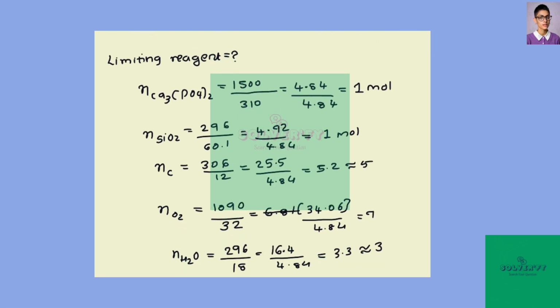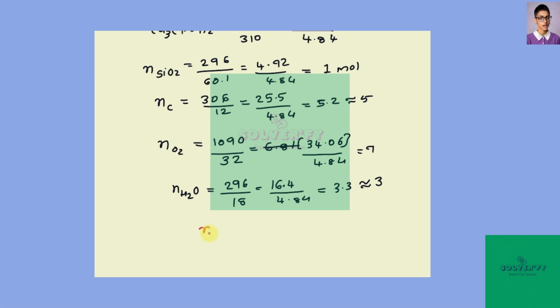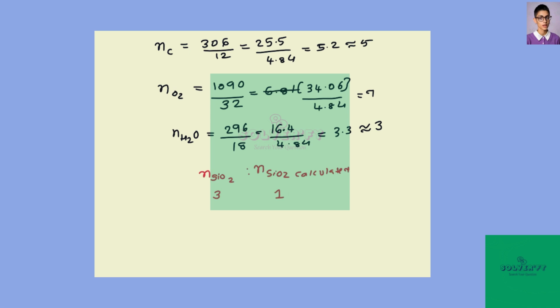But here we can say that in the reaction, the number of moles of SiO2 is 3, whereas in the number of moles of SiO2 we calculated here, we get it as 1.